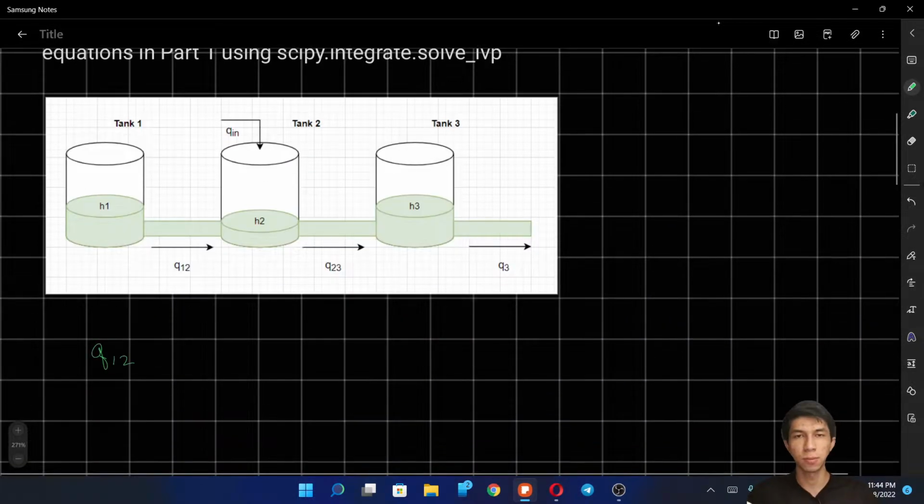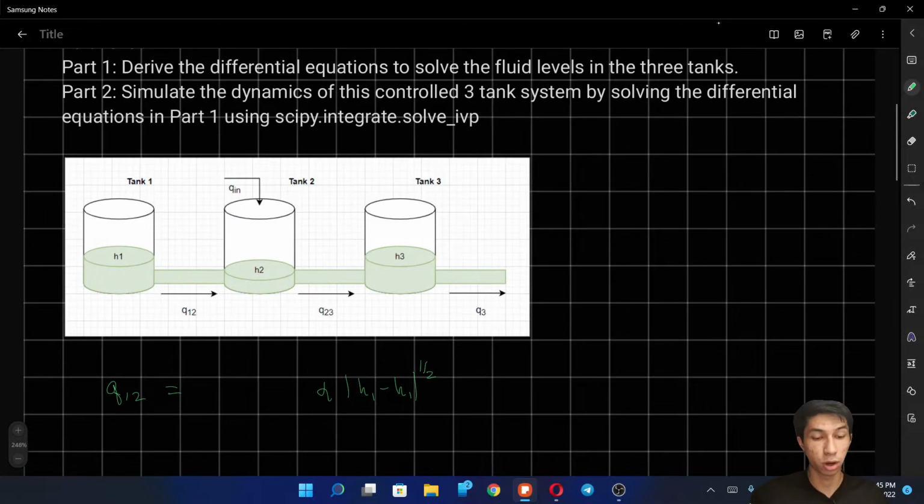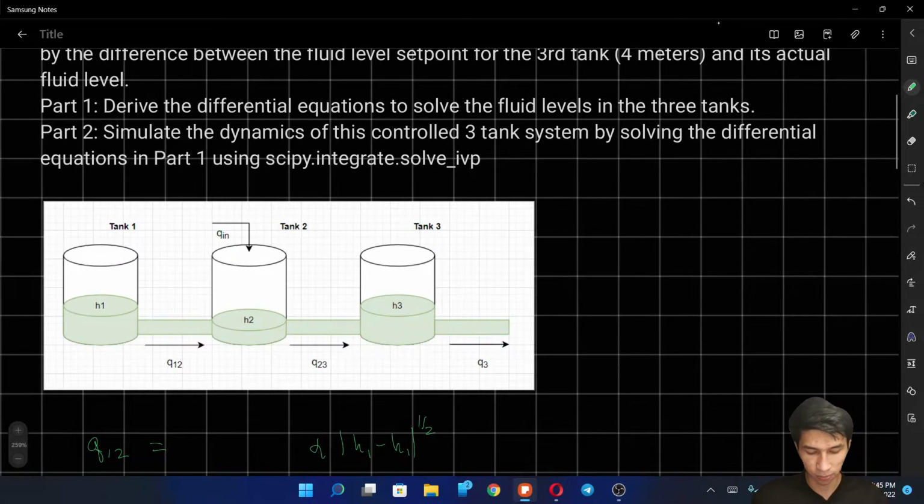So we have the square root of the difference in heights, multiplied by alpha, which is going to be our proportionality constant.